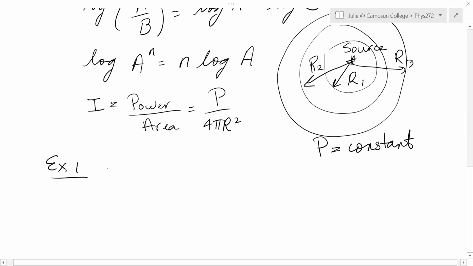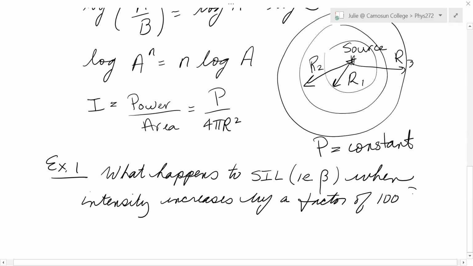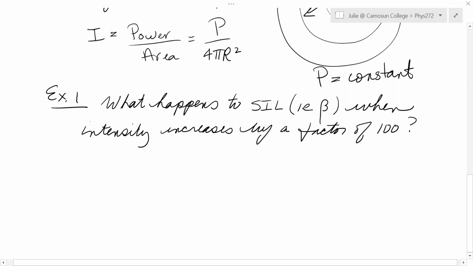So it will be: what happens to the sound intensity level, i.e. beta, when intensity, that's just capital I, increases by a factor of 100? Okay, so what this means is we have I2 is 100 times I1.